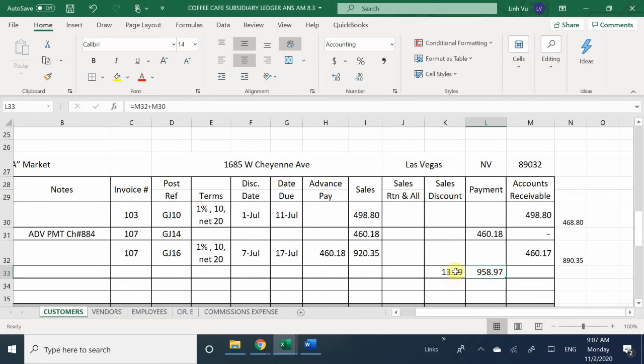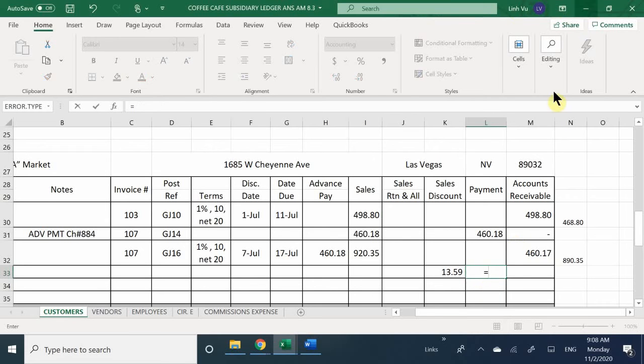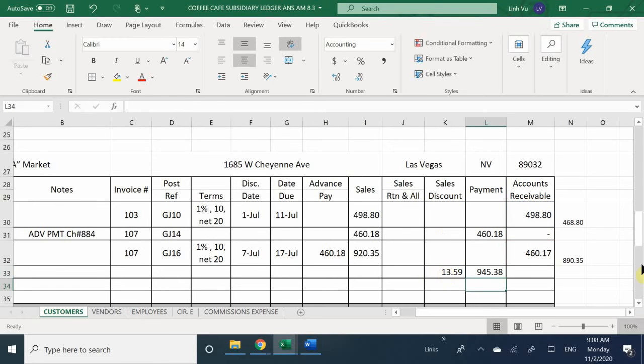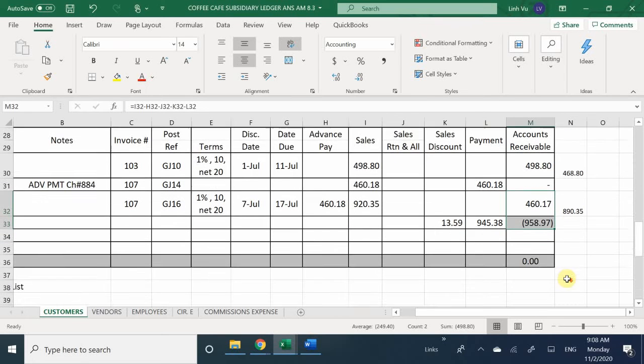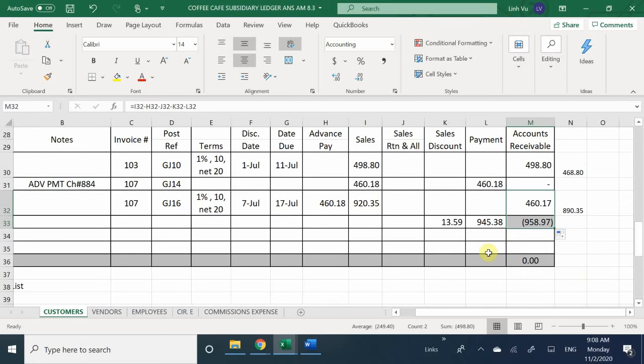Minus 13.59, this minus this, because this is the check that they wrote us. So it's going to be $945.38, which brings my account balance to zero.